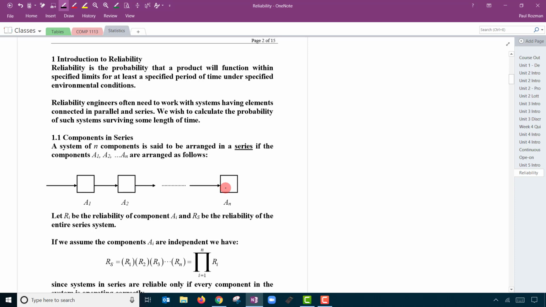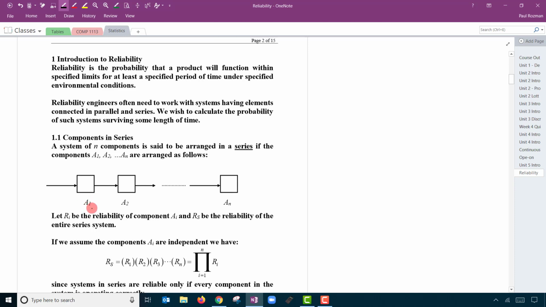you have failed. So when we're talking about this sort of thing, we'll look at it from a positive point of view rather than how to break it. We'll talk about its reliability or its probability of being successful. I'll just give you some notation here.